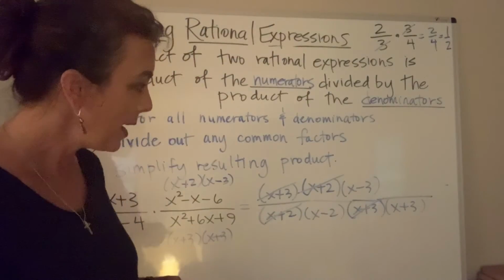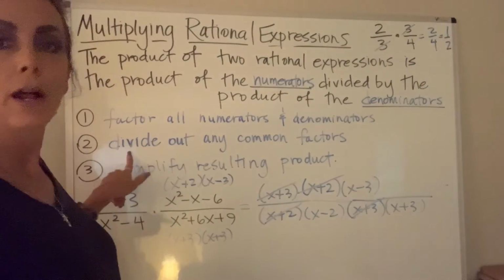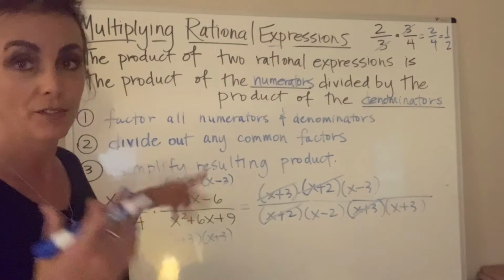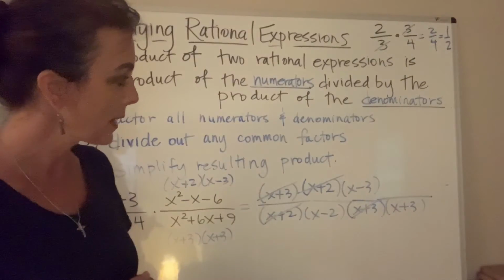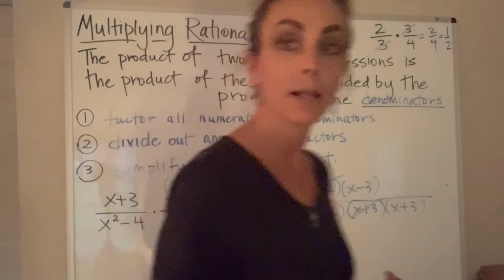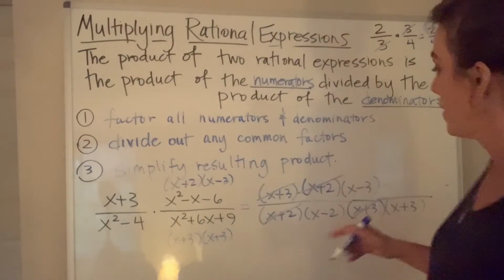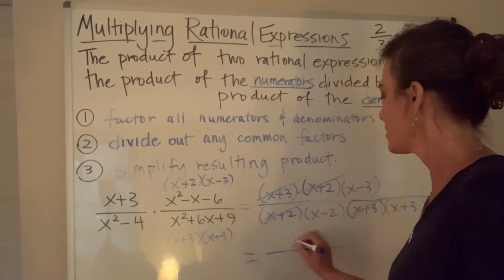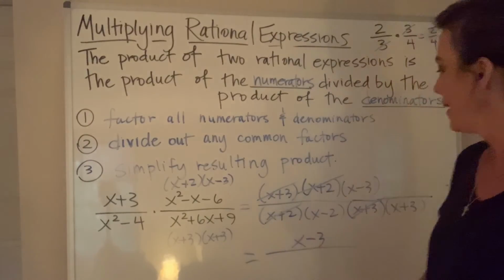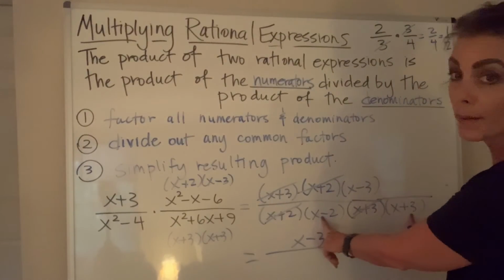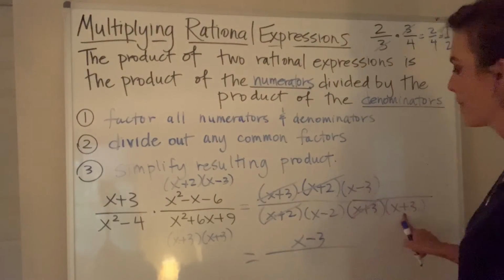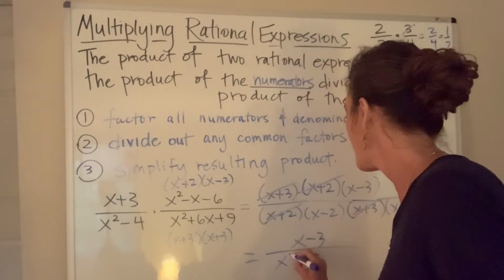All right, and so now I have divided out all my common factors. Now I want to simplify the resulting product. So I'm going to actually multiply the denominator out, and that will be my final answer. The numerator is going to just stay x minus 3. And the denominator, I'm going to go ahead and multiply these 2 factors out, x minus 2 times x plus 3. And I'm going to end up with x squared.